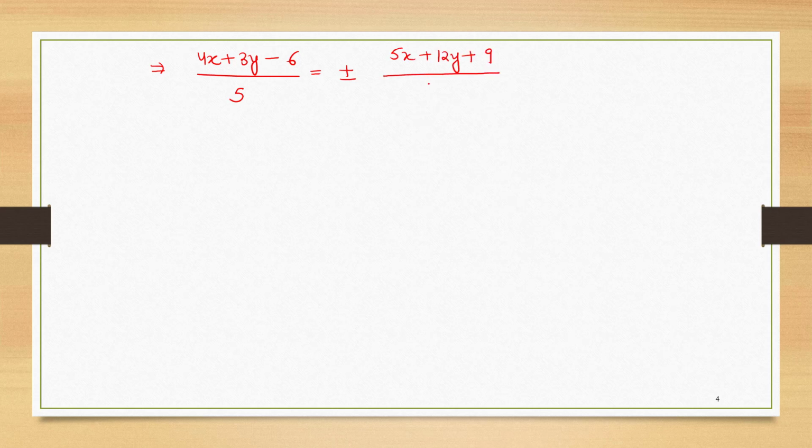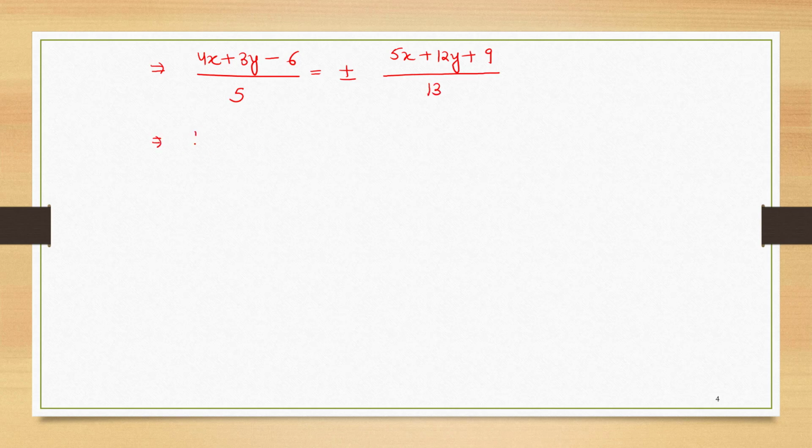So (4x plus 3y minus 6) divided by square root of 16 plus 9, that comes out to be 5, is equal to plus minus (5x plus 12y plus 9) divided by square root of 169, that is 13.